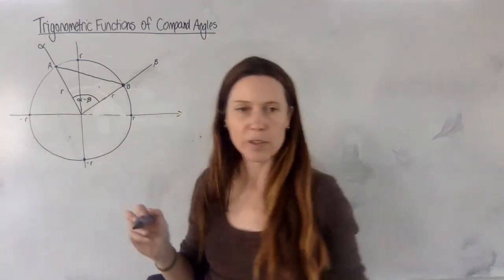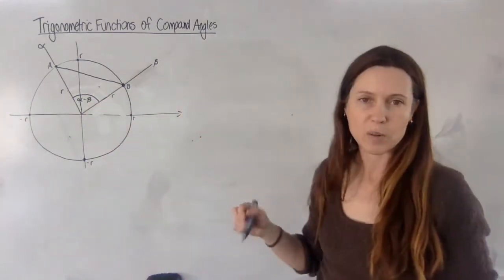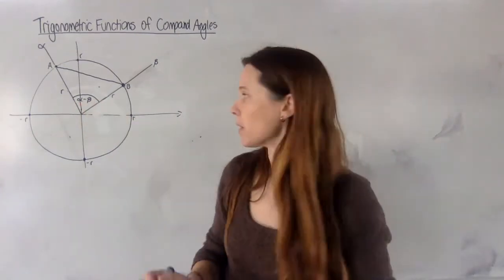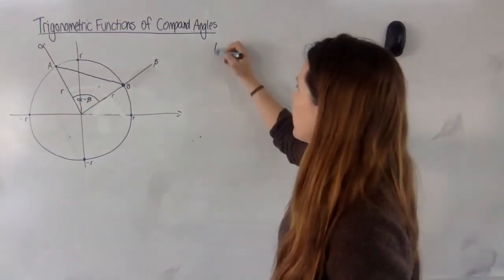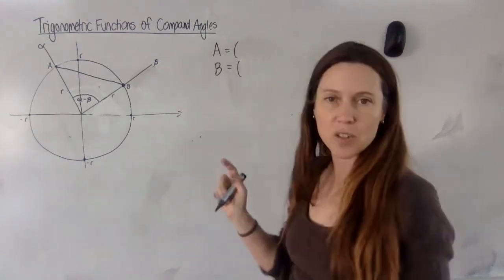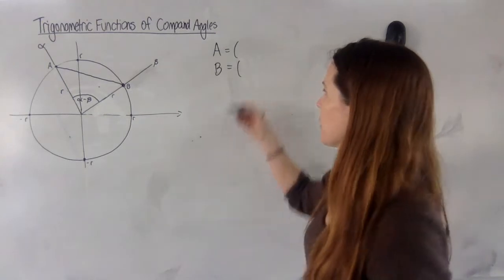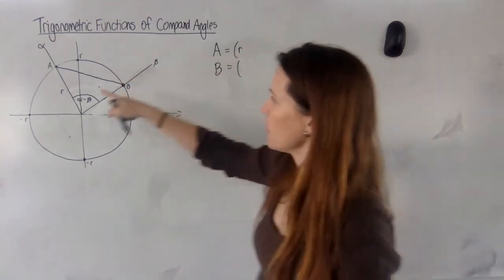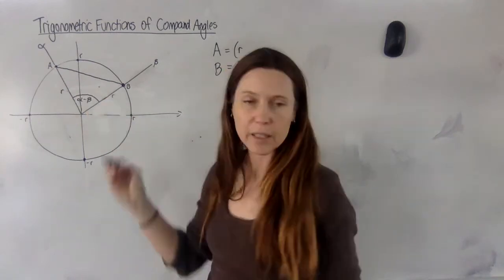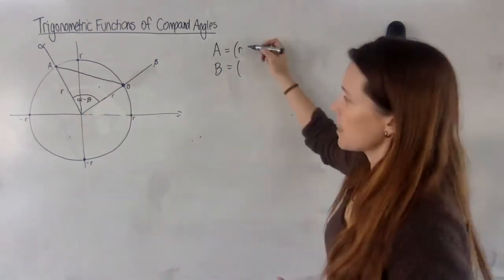Now, why would we want to do that? Well, we're generating a proof for the first one of our compound angles, and this one has 2 parts that are subtracted. So now let's come up with a simple expression for A and for B in terms of r, alpha and beta. We've already seen how to do that. Looking at point A, the angle that we're dealing with, the theta in other words, is alpha.